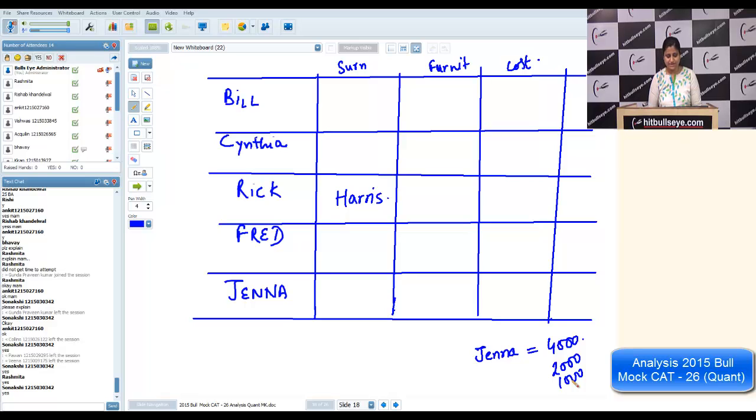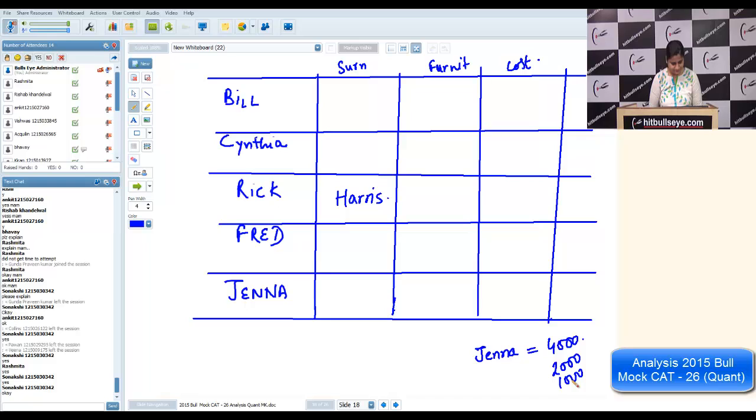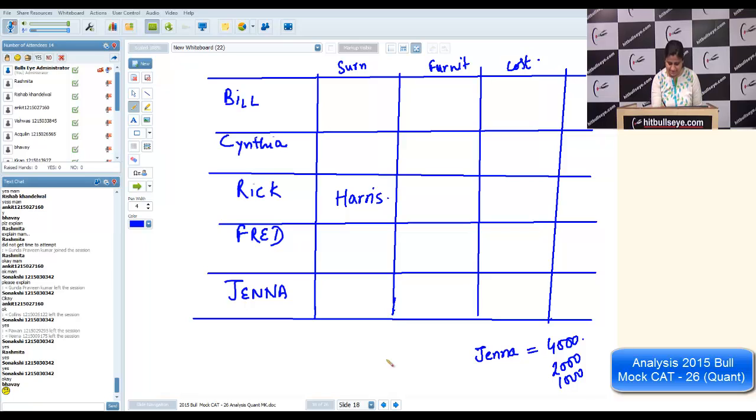It will be 1000 and 2000. Is it okay? So if we consider 1000 and 2000, these are the remaining two furniture pieces' cost. These are the five costs we are considering.